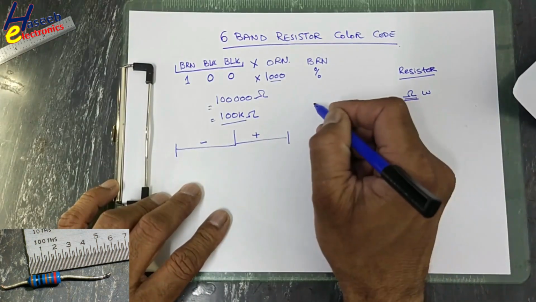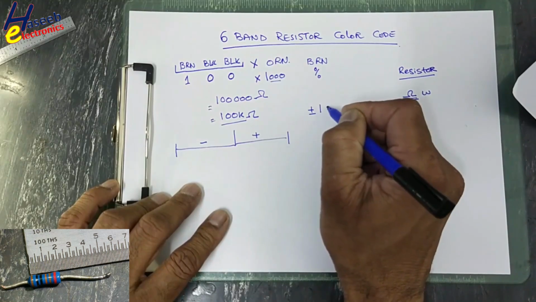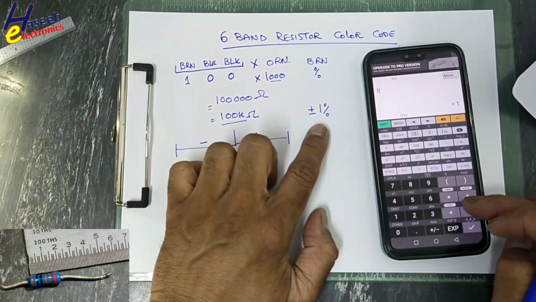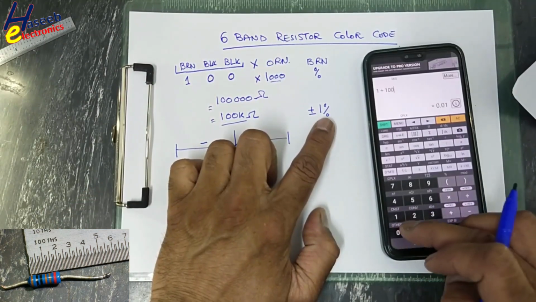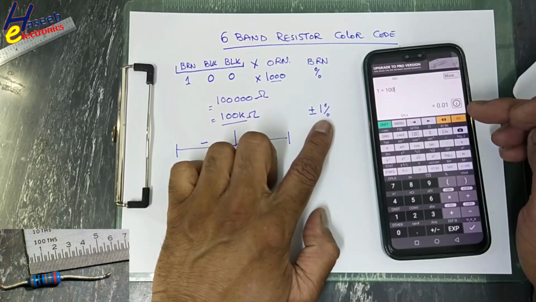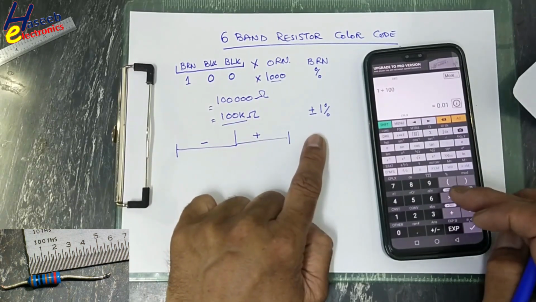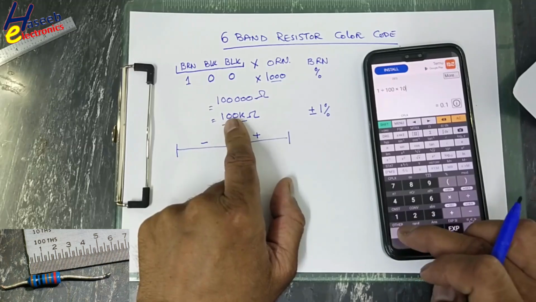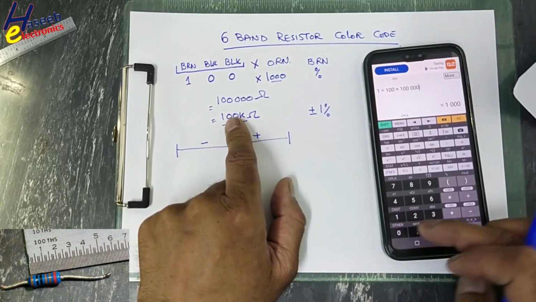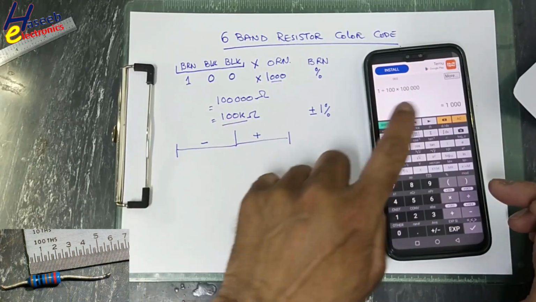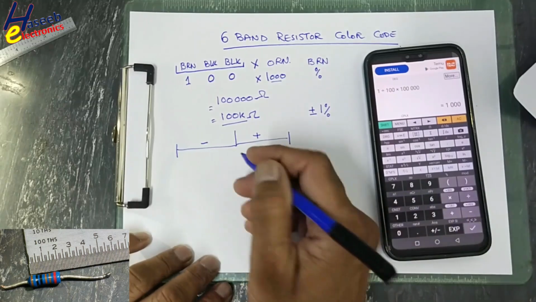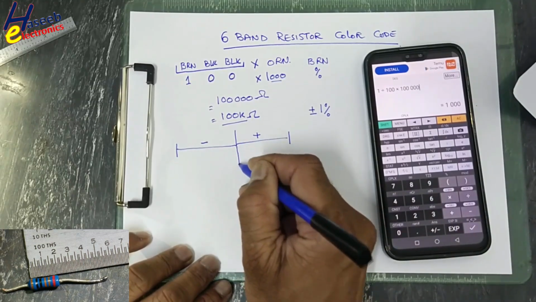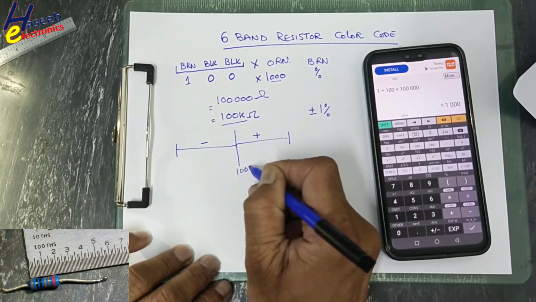Brown plus minus 1%. 1 divided by 100 is 0.01, multiplied by 100,000 gives 1000 ohms. That means this is 100K.